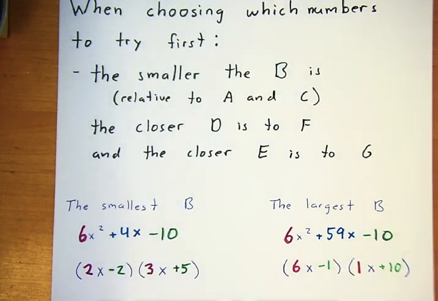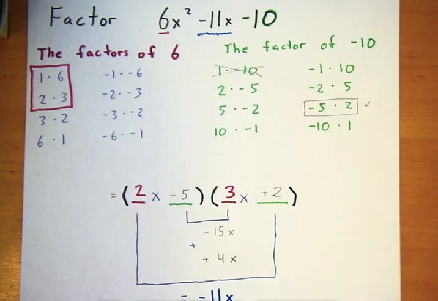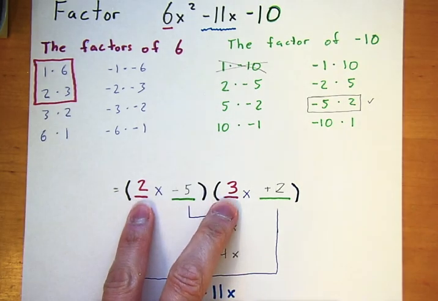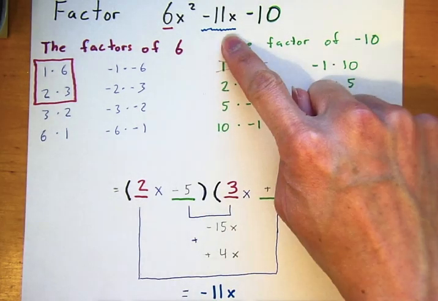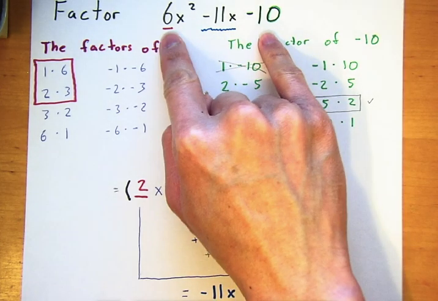So if you're wondering why is that, when I was factoring this, why is it that I chose this 2 and this 3 to start? It's because this negative 11 is pretty small compared to my 6 and negative 10.